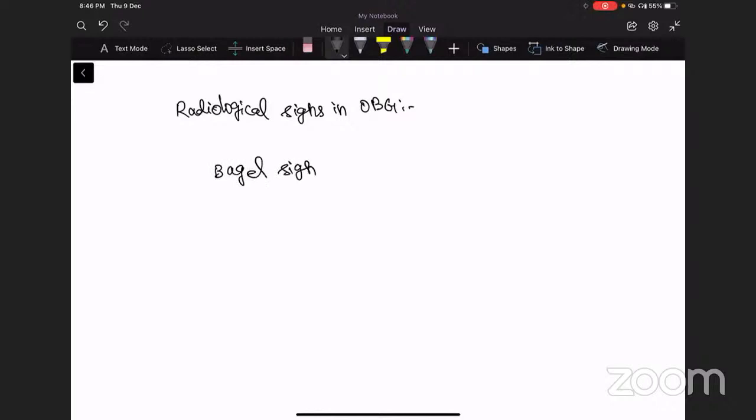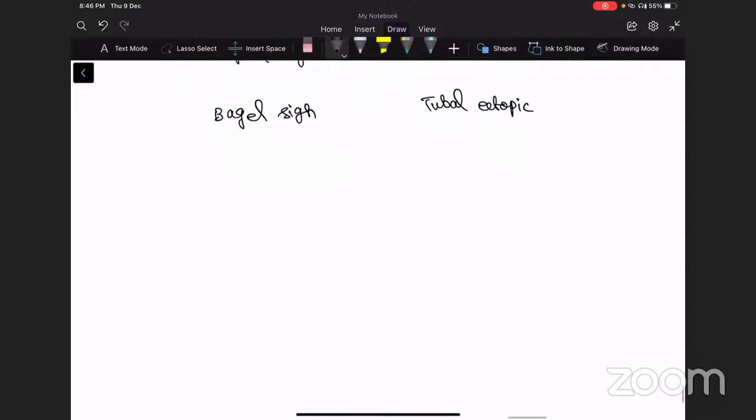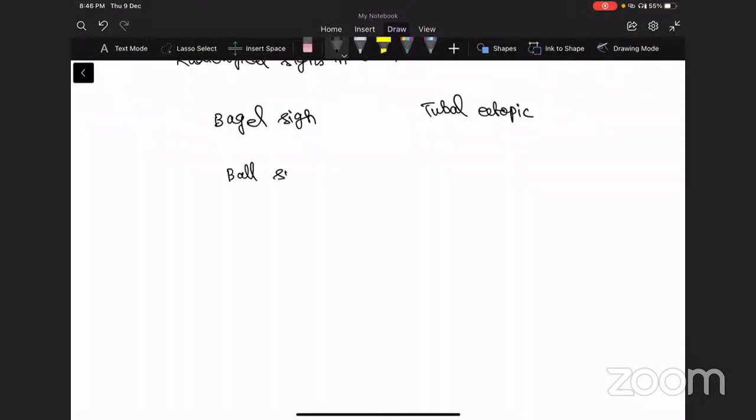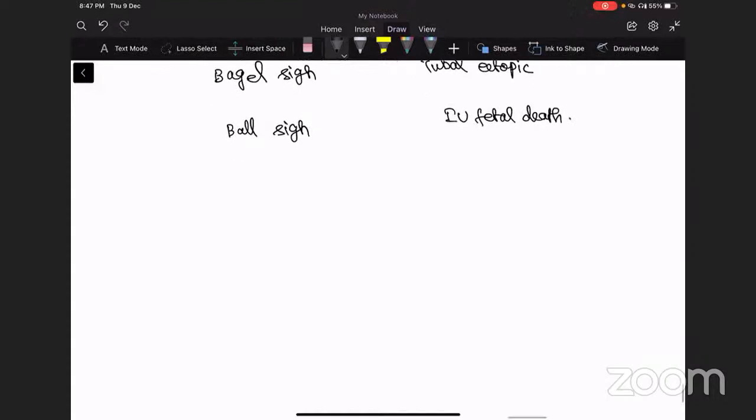Vagal sign is seen in tubal ectopic. Ball sign is seen in intrauterine fetal death. There will be an X-ray showing a crumpled up spine of the fetus leading to the ball sign.